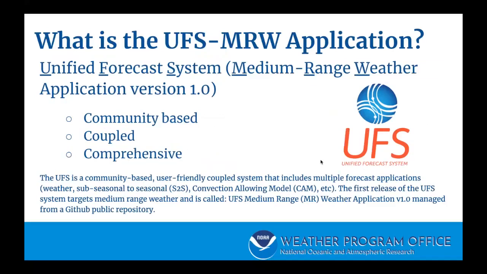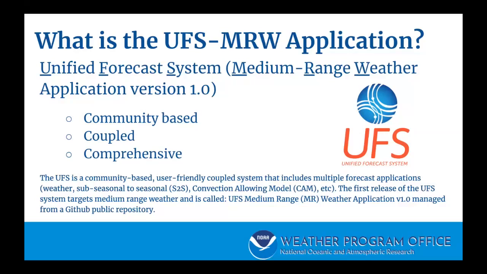And so what is the UFS? The UFS is essentially the model that is aimed at replacing a lot of the current research models. So if you think of the WRF, or some of the other developmental models, people are hoping that this will replace those things for model development and start here in terms of developing in the future. The specific version that we looked at is a medium range weather application, which forecasts out to about 2 weeks.